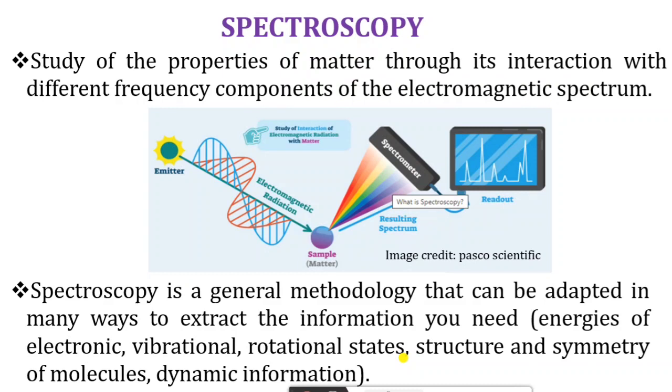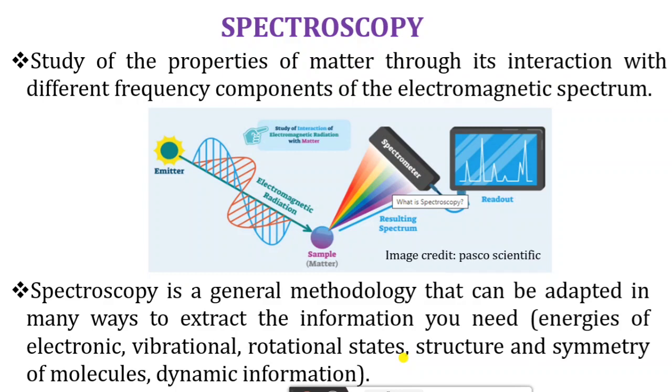One of them is infrared spectroscopy. Infrared spectroscopy employs the use of infrared radiations, the radiations whose wavelength or frequency falls in the range of the infrared region. Those radiations we use to analyze the interaction with the matter. That spectroscopy is known as infrared or IR spectroscopy.